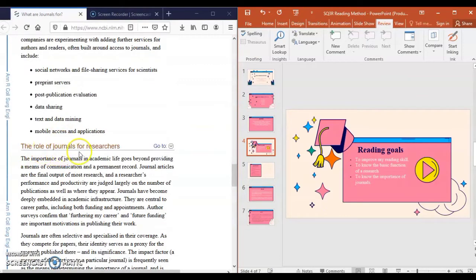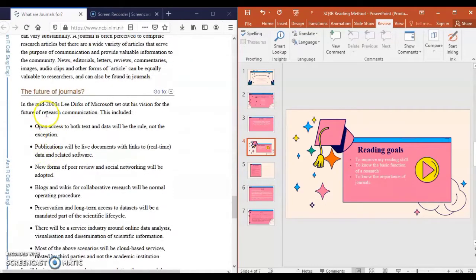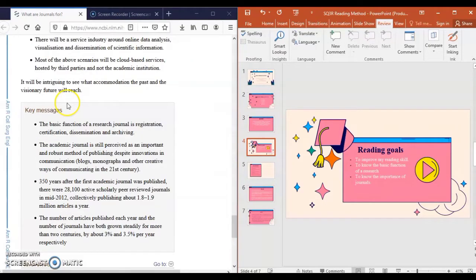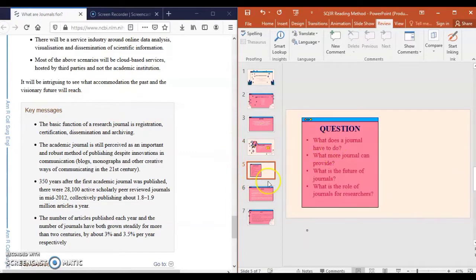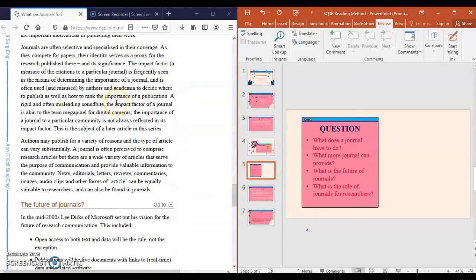What is the role of journals for research? What is the future of journals? Then I begin reading to look for the answers to the questions. And gladly, I found the answers under the key headings.